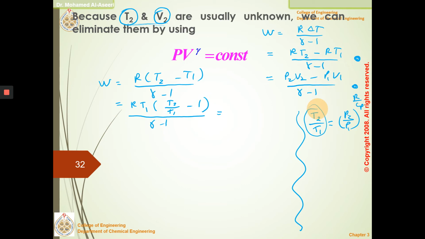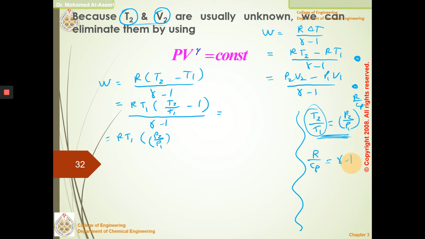So the T2 that I want to eliminate can be replaced, and I would have RT1 into P2 over P1 all to the power R over Cp. In the previous slides, I already proved, or you can prove, that R over Cp is equal to gamma minus 1 over gamma.